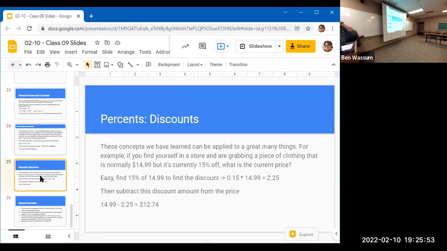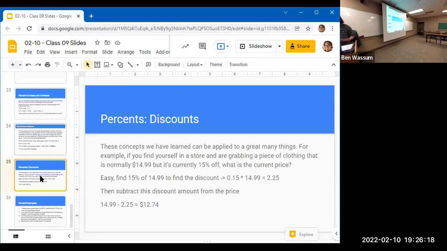Okay. And those concepts can be applied to a lot of different things. So, for example, you're in a store and you're grabbing a piece of clothing that's normally $14.99, but it says 15% off. So what is it? Well, what you're going to do is find 15% of that $14.99.